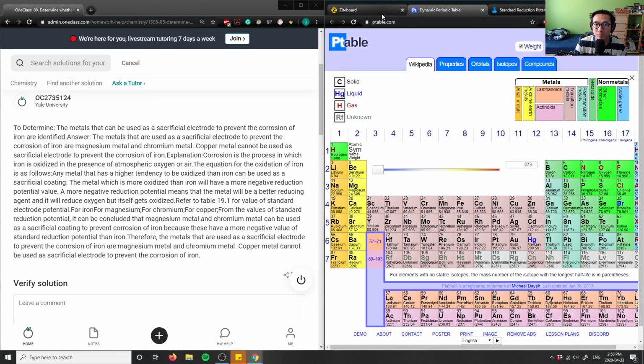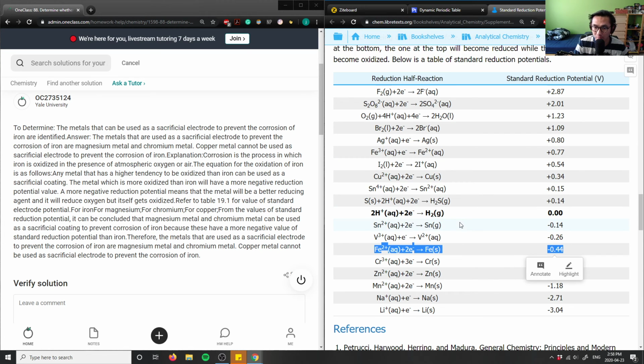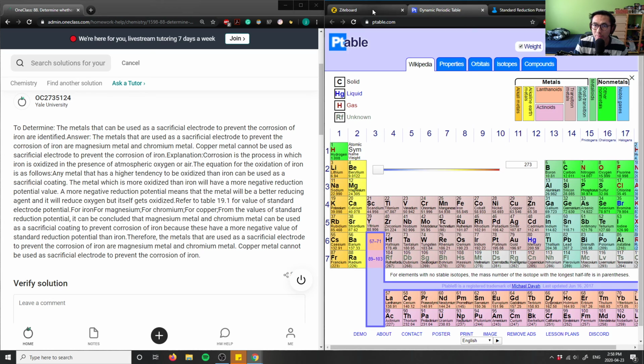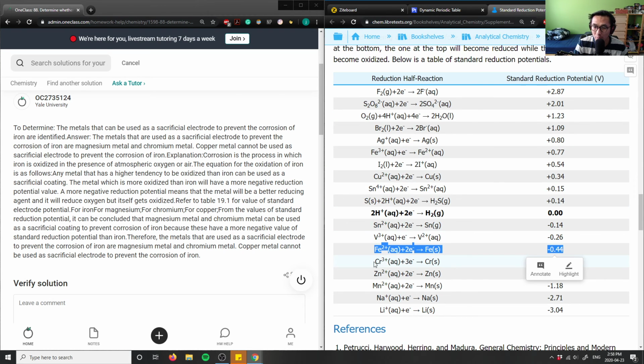Again, I'm looking at magnesium and chromium, right? Let's see if I find magnesium here. I don't think magnesium is here actually, but is chromium here? Chromium is right below it, so chromium will get oxidized first before iron does. However, copper is above it in terms of the standard reduction potential, right?